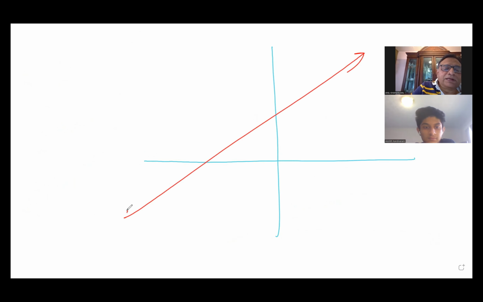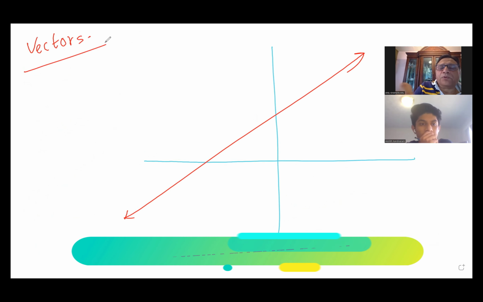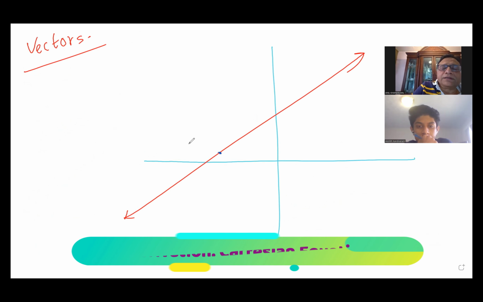Got it. Now, let us look into the equation of the line again. So I'm again sketching kind of similar thing, and we'll develop the equation in vectors. So let's consider a point. Let's say this point here is any given point, x0, y0. We are given a point, right?